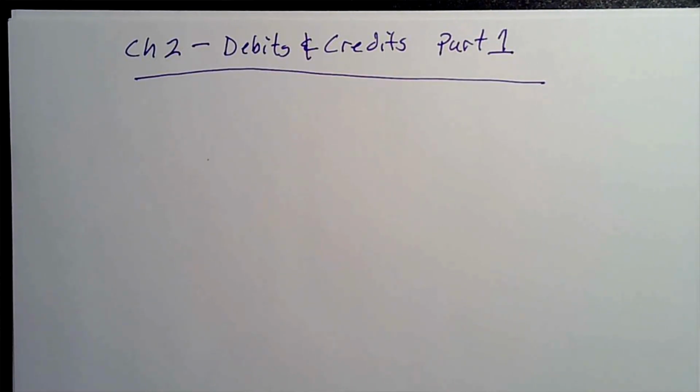So where we left off on chapter 1 was we were talking about financial statements and business transactions. And remember, we're at the point where we've looked at the 4 financial statements: the income statement, the statement of owner's equity, the balance sheet, and the cash flow statements. And we have all this information on those statements, but where does that information come from?